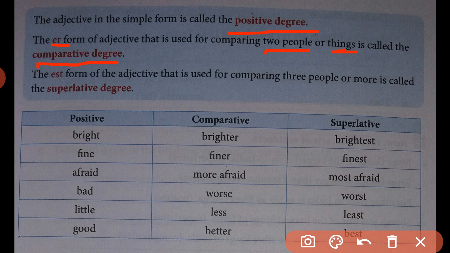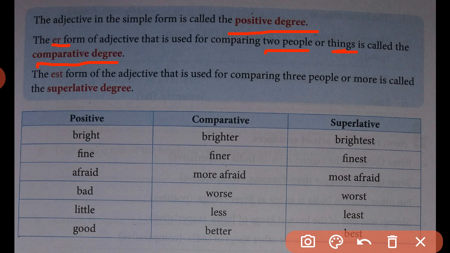So here we come to know the comparative degree compares two people or two things, but in that case we find one more or less superior to the other. In that case, it becomes the comparative degree. Clear?